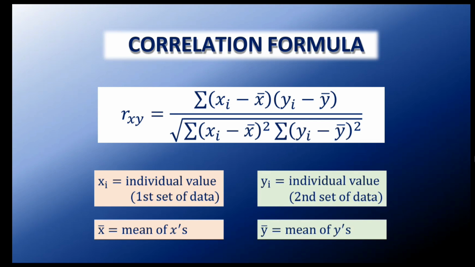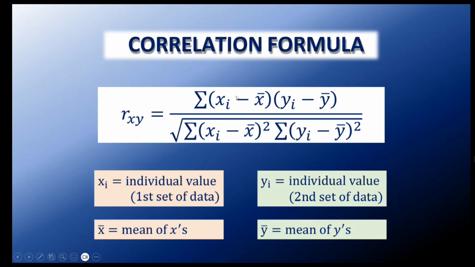Then you square it and add it, depending on the number of values or the size of your data. So it is the same as this, wherein you have the individual value, x sub i, minus the mean, x bar.